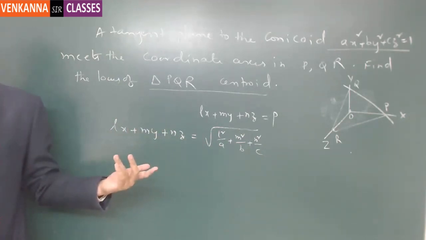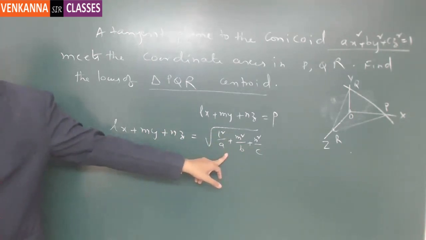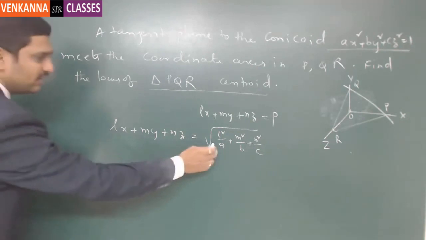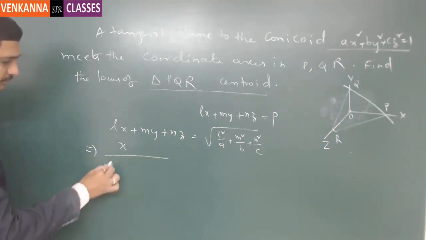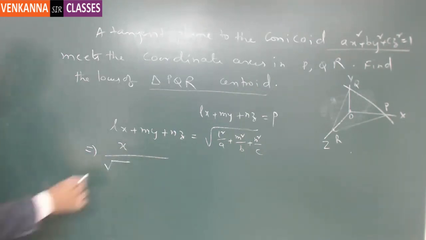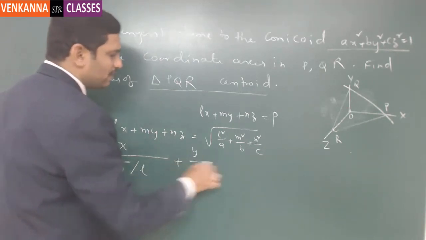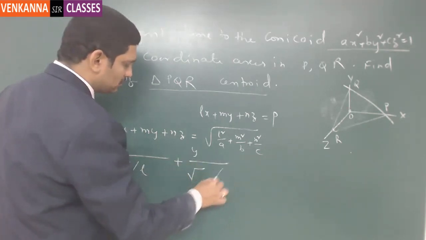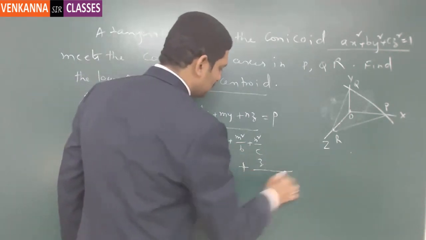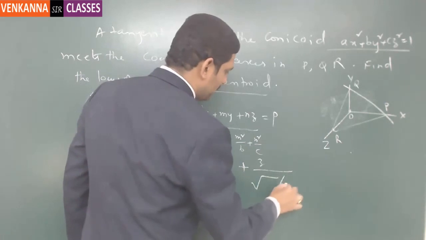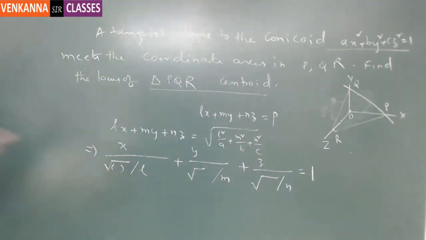How do we do it? You have to divide by the constant. On dividing both sides by this number, you can write it as x divided by the square root of the value divided by L, plus y by the square root of the value divided by M, plus z by the square root of the value divided by N, is equal to 1. This is the intercept form. Agreed?